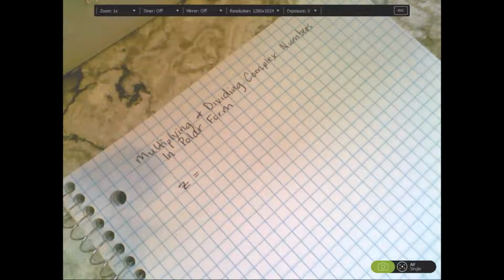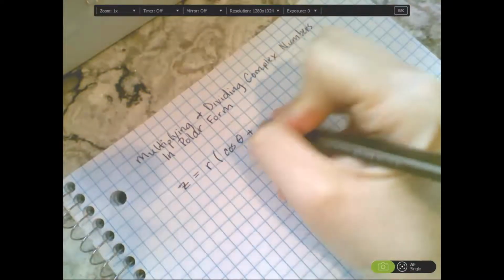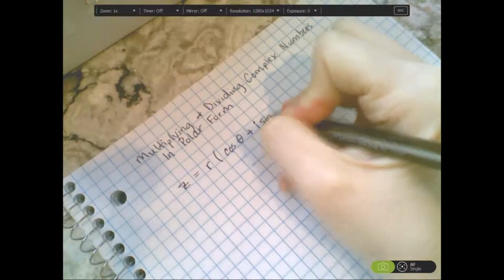We have this r value, which is the distance you move out from the pole or the origin to get to where your complex number is. And then we have cosine theta plus i sine theta. So that's what our complex number looks like in polar form.